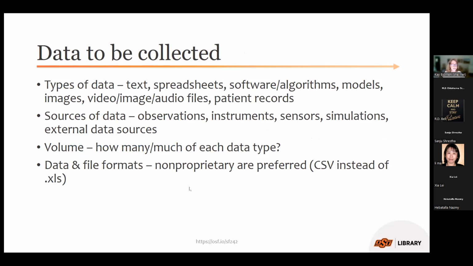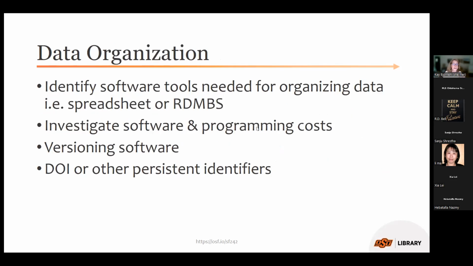All right, this is just an overview of the type of data to be collected and how you should describe that in a DMP. A lot of this stuff was mentioned on the dmptool.org. And so file formats, non-proprietary or better.